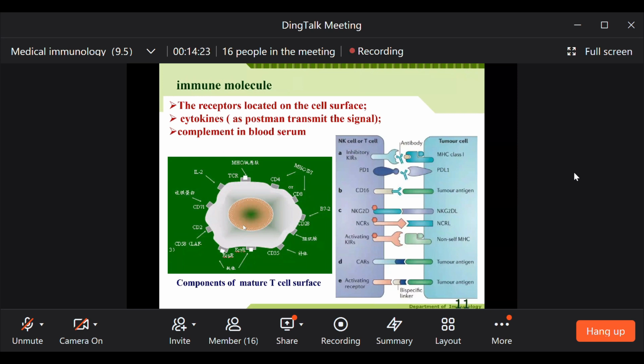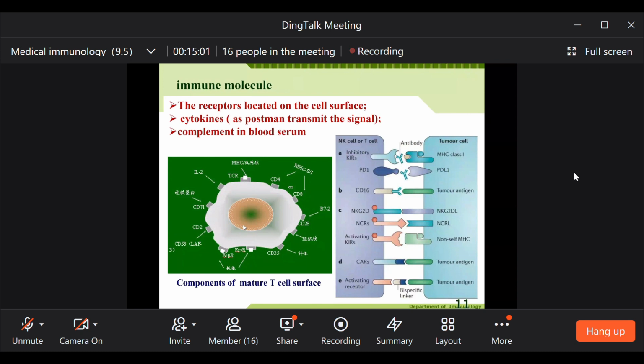Here we can see many molecular matches. Success is the base of the function performed by T cell or NK cell. Also, we can imagine that if the T cell lacks CD16, maybe the CD16 cannot recognize the tumor antigens.